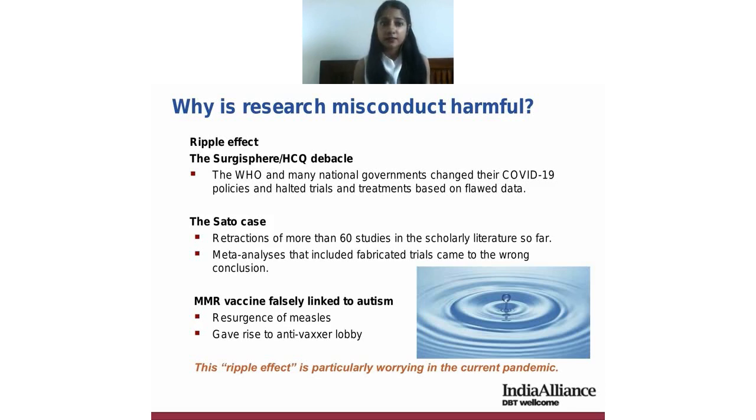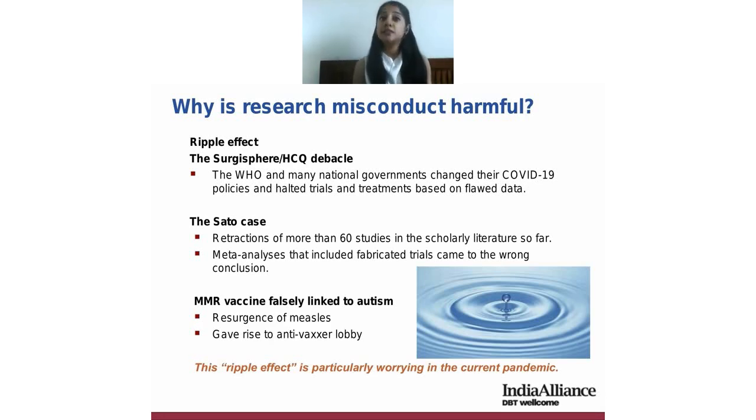As a result, a lot of studies and treatment protocols that were based on his studies now stand on nothing. A favorite example of mine is this false linkage by a doctor called Andrew Wakefield. He claimed that the MMR vaccine was linked to autism. It was completely based on false data. But as a result, what has happened?